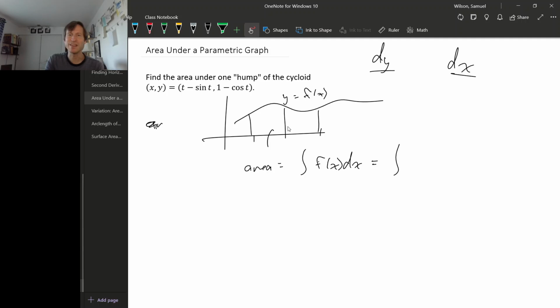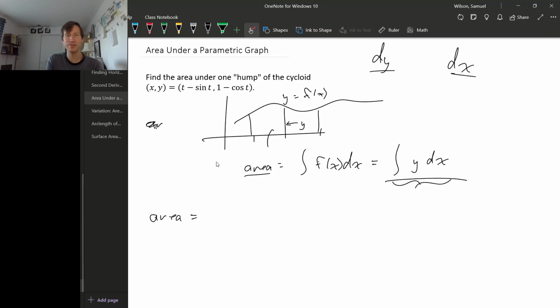So the reason that we were integrating f of x was because the height of this slice is y, which was f of x. So what we were really integrating was y dx. But this looks like something we could write in terms of a parametric curve. So the area under a parametric curve is the integral of y dx. So let's use this for this particular example.